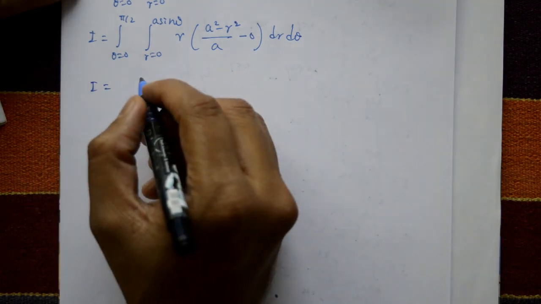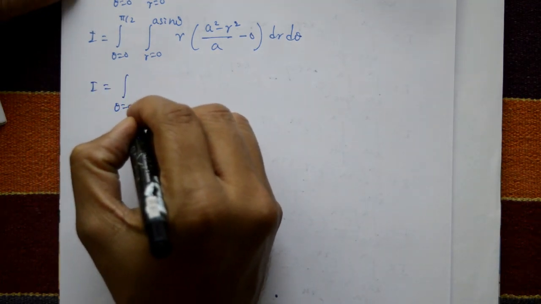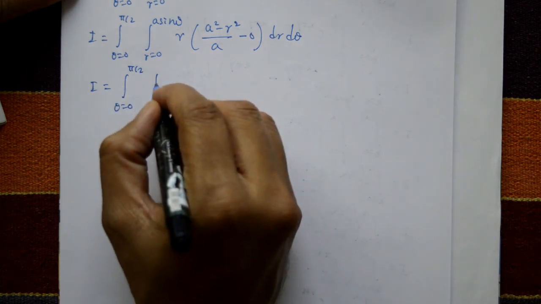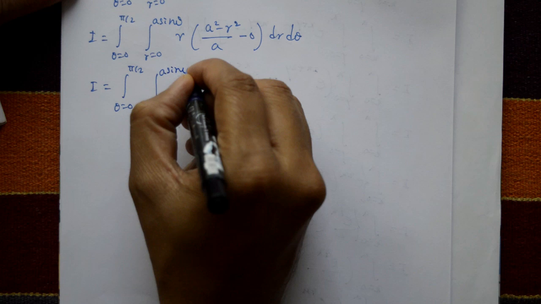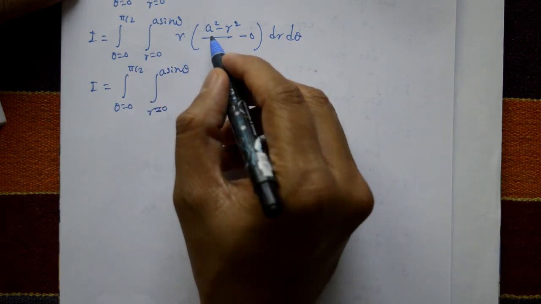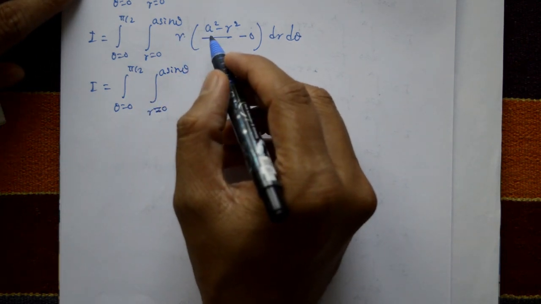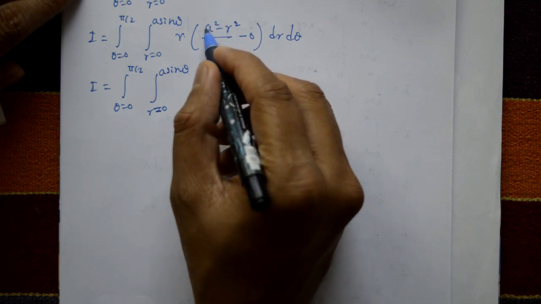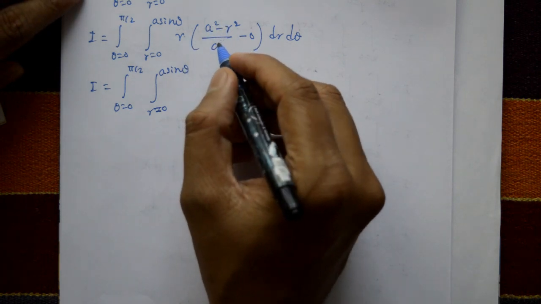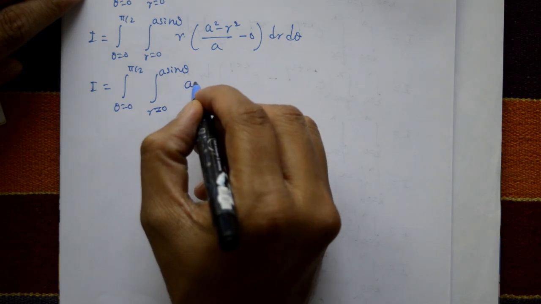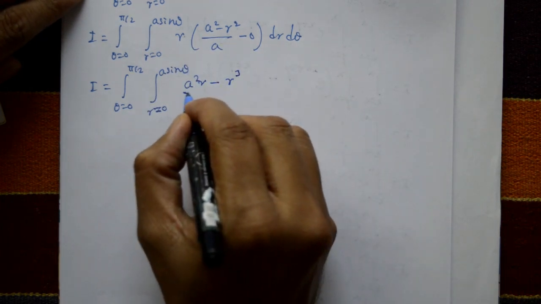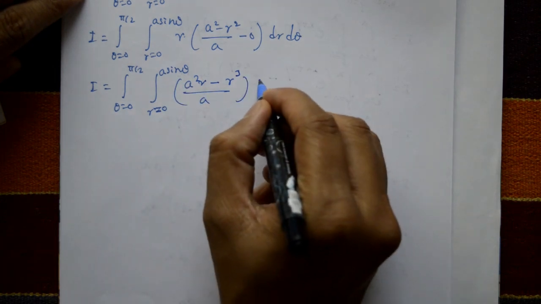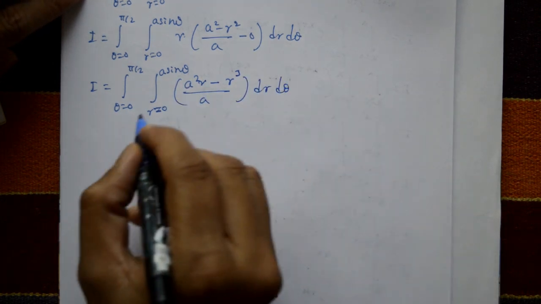I is equal to the integration of theta from 0 to pi by 2, integration of r from 0 to a sin theta, and 1 by a, and first multiply r by the bracket: a square r minus r cube divided by a, dr d theta.